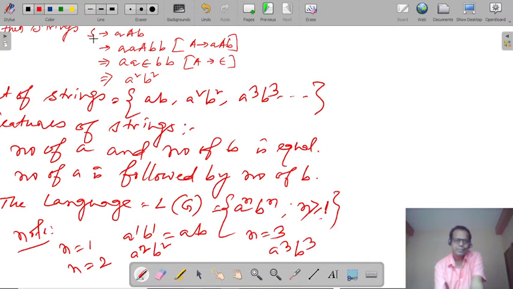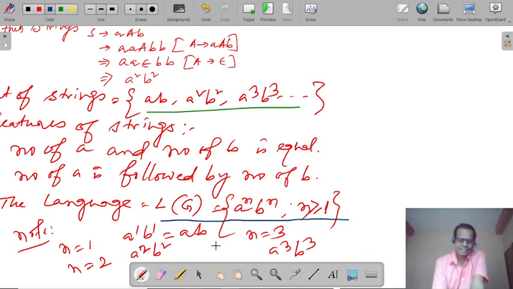In that way, all strings will be generated. So here the language will be a to the power n, b to the power n, where n is greater than or equal to 1, for the grammar.